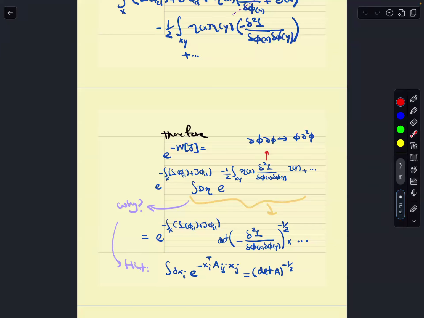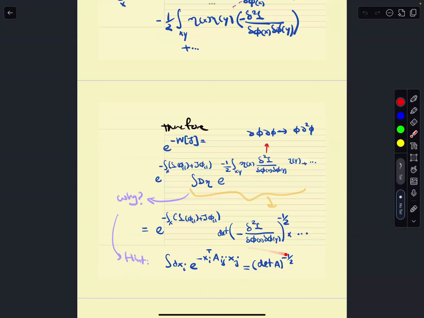The way to see this, we saw this by diagonalizing this matrix and seeing that you end up with a series of independent integrals, each of which is an integral from minus infinity to infinity of dx e to the minus, say, some lambda, some eigenvalue, x squared, and that integral is square root of pi over alpha, or lambda, whatever I call this.